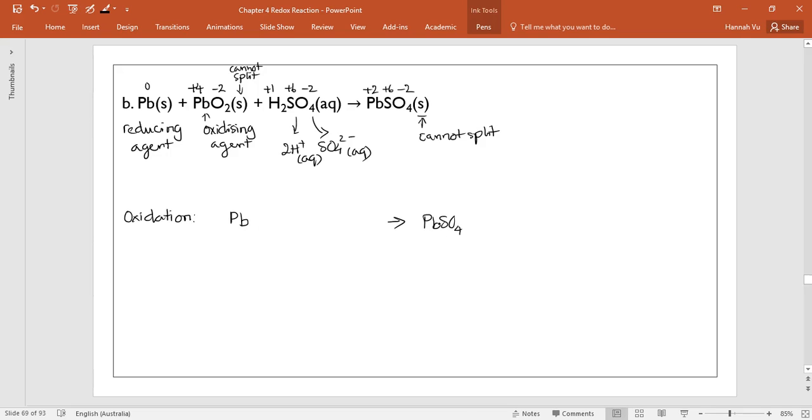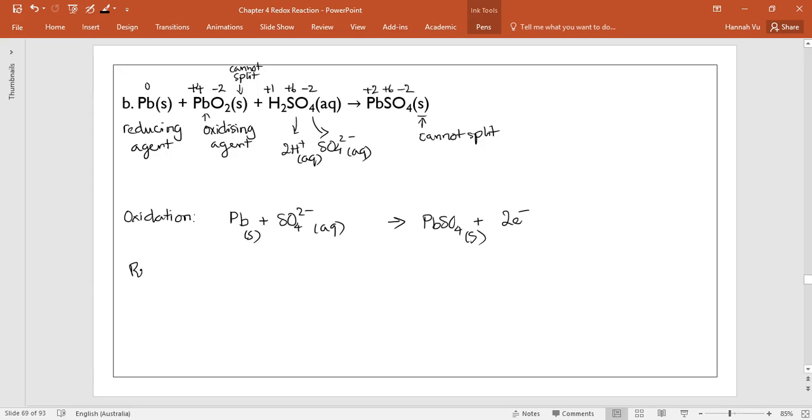So I would start by trying to balance the SO4, and because there are SO4 ions floating around in this solution from H2SO4, I'm just going to add an SO4 2 minus here so that it is balanced, which means that I do need to add 2 electrons on this side so that the charge is balanced, which also agrees with the fact that the oxidation number increases from 0 to positive 2, hence 2 electrons must be lost. Okay, so that's the oxidation.